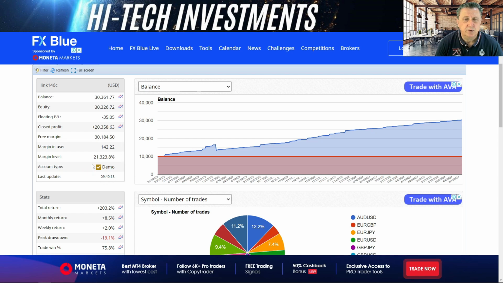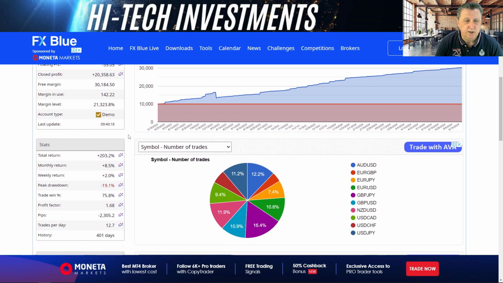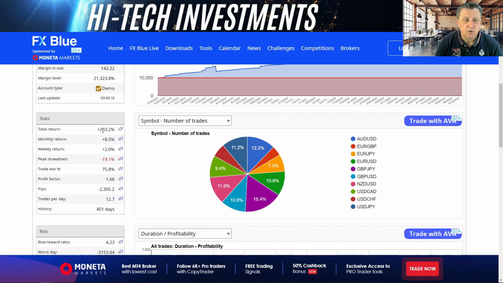And here we are talking about a demo account that we set up in the early days. We can see the total returns 203%, monthly returns 8.5 and 2%. And again, for this particular account, we are not changing the lot size, even though we could have. Now that it's triple the size, we should also use triple the lot size at the end of the day in order to keep within the same risk strategy.